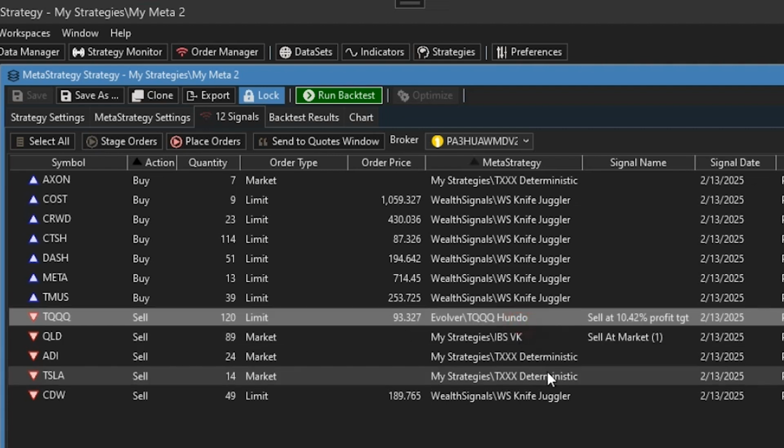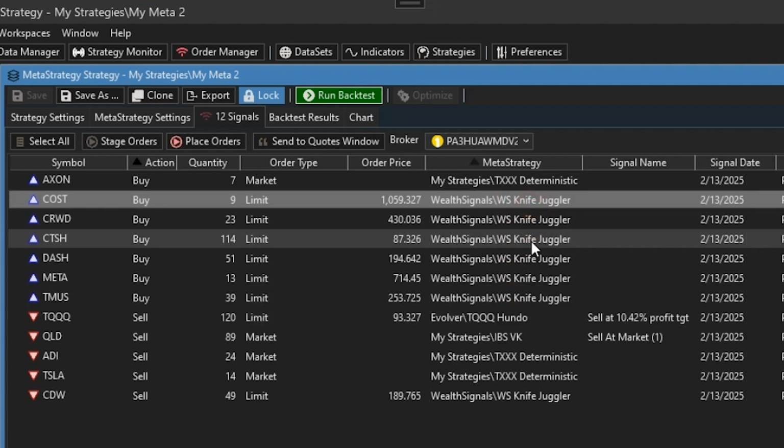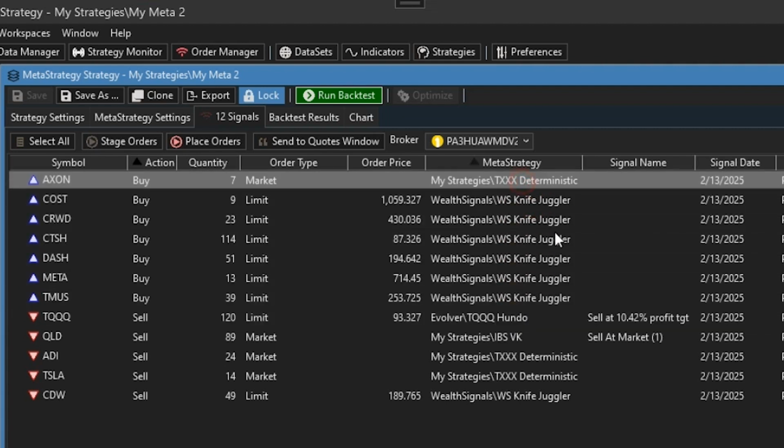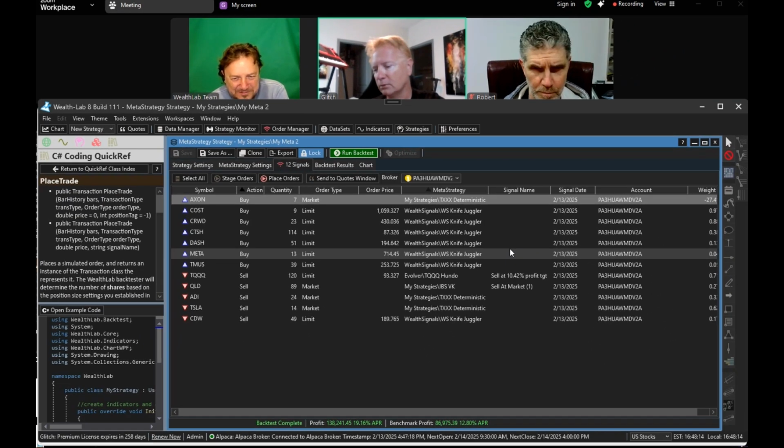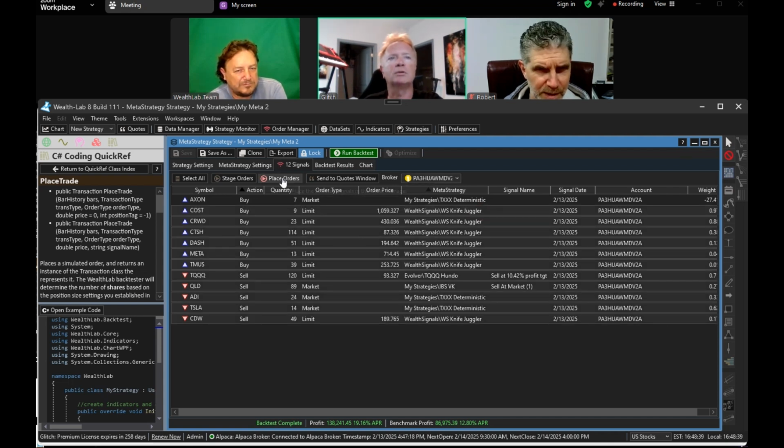We have a limit order exit to exit this TQQQ position from a genetic evolver strategy. And then we have the buys. So we've got the 6 buys for the Knife Juggler, and then we have 1 buy for the TXXX. So those are the signals. So I'm going to select all of them. Let's place the orders.